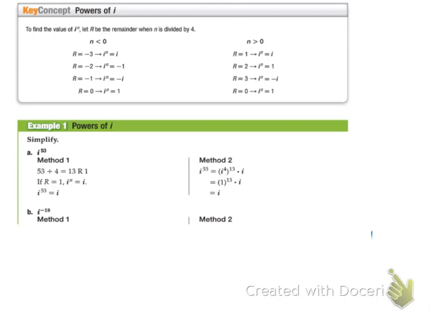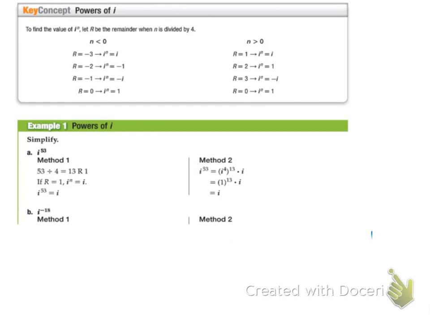Method 1 says there's a pattern every 4. If I wanted to know i to the 53rd power, I take the power of 53 and I divide it by 4. That means 4 goes in there 13 whole times with 1 extra.